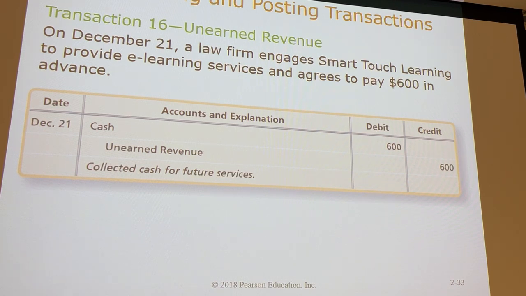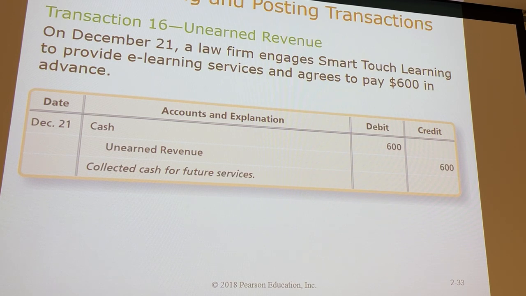The reason you put it into a liability account, if you want to rationalize this, is that if for some reason you never provide those services to the client, then you're going to have to refund that $600 to the client. So it's a liability to you until such time as you actually provide the services.